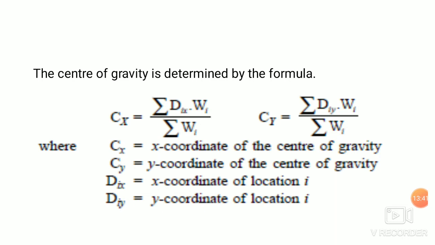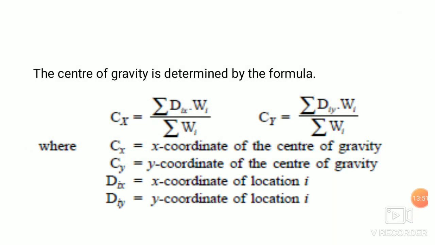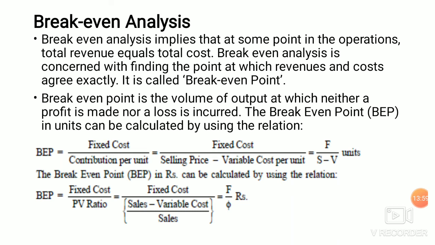Here Cx is the x coordinate of the center of gravity, Cy is the y coordinate of the center of gravity, dix is the x coordinate of location i, and diy is the y coordinate of location i. With this formula I can calculate the center of gravity.